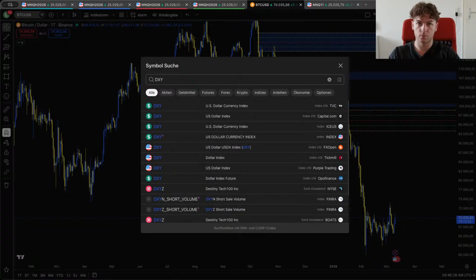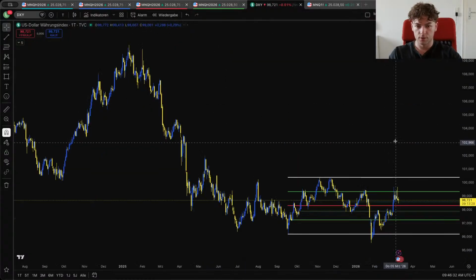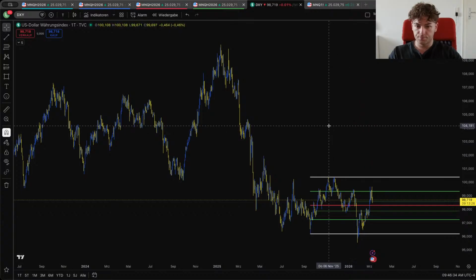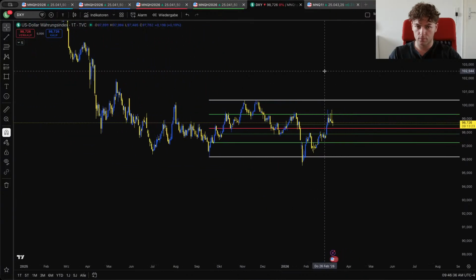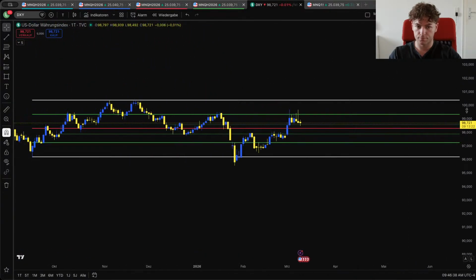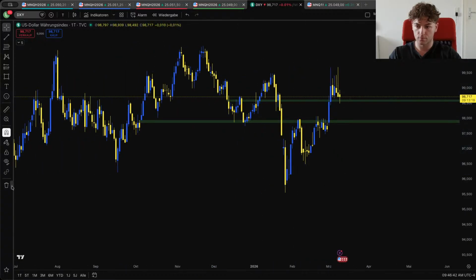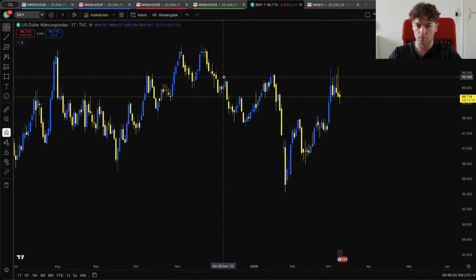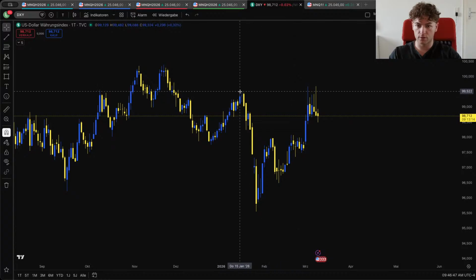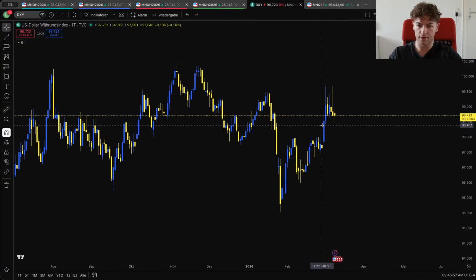So what I was speaking of, DXY. We've taken out this buy side here, and now we kind of consolidate. Small range day today on DXY.